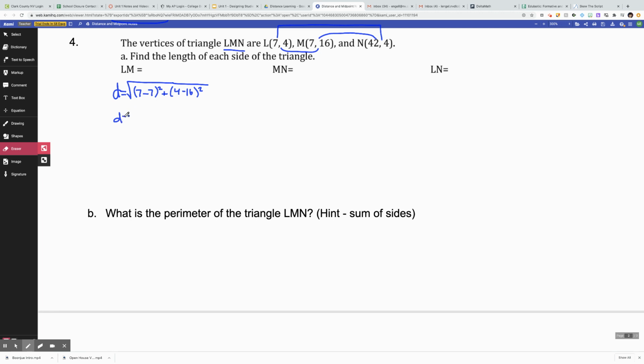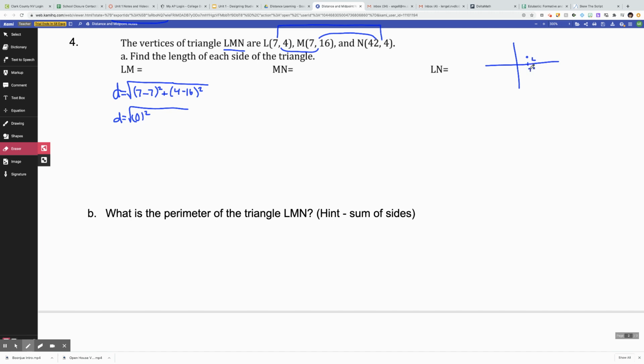So one thing I want you to notice here is that you have 7 minus 7. So you're going to end up with 0 right here, okay? That will happen whenever you have 2 x coordinates that are the same or 2 y coordinates that are the same. Because what this actually looks like, if you drew it on the coordinate plane, for example, you would have, say, this is the point L at (7, 4), right?